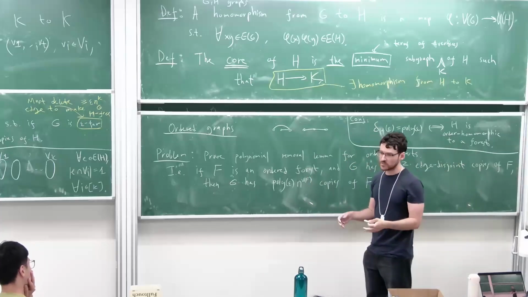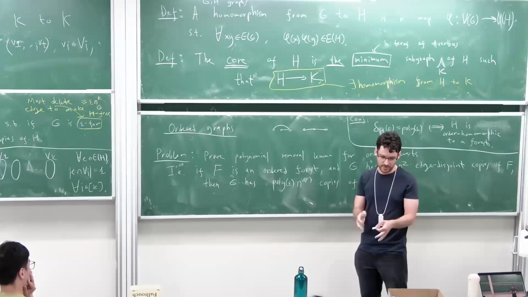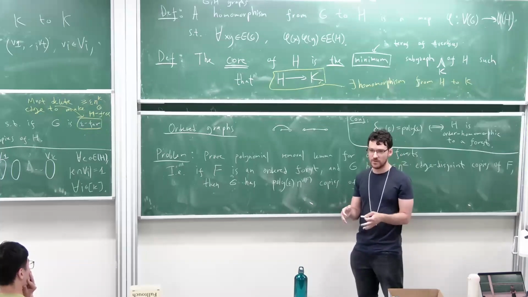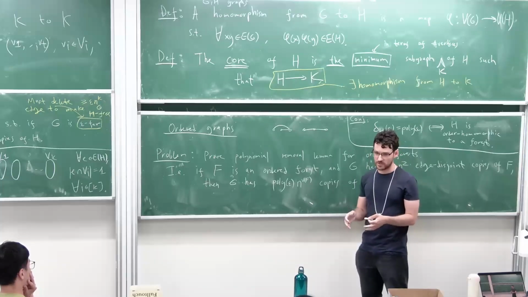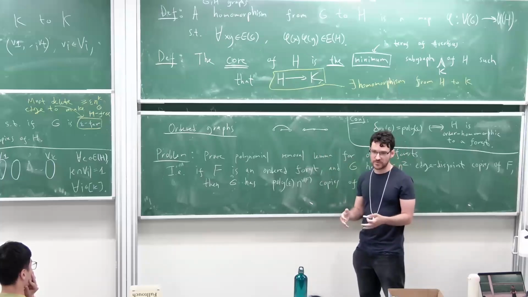If you know a bit of extremal graph theory, another theorem about bipartite graphs is that bipartite graphs are the only ones that have vanishing Turán density, that is, Turán density 0. Now, for ordered graphs, it's not true that this holds if and only if the graph is bipartite.